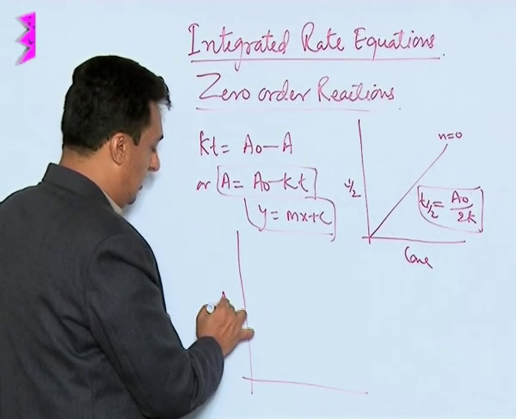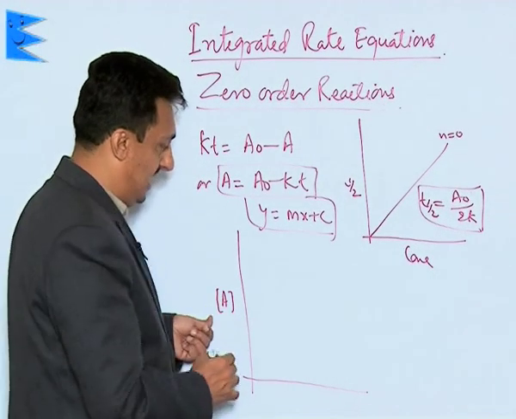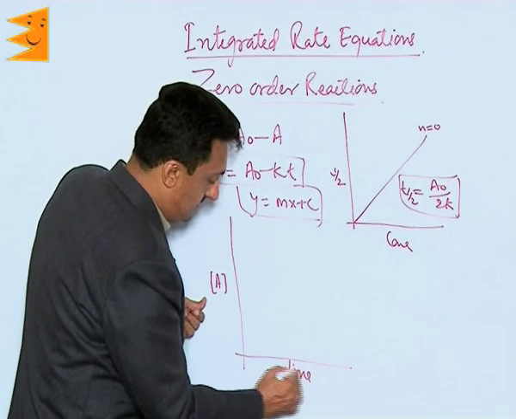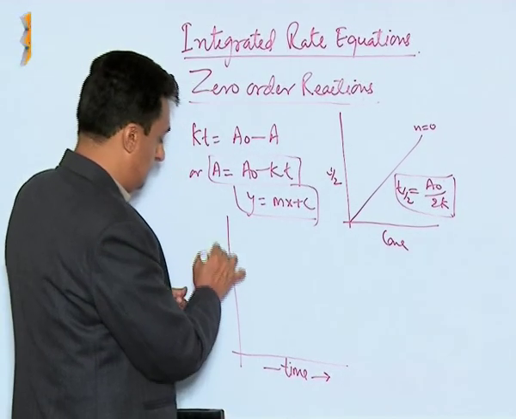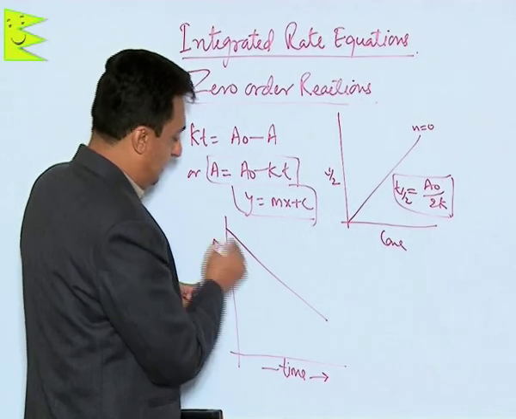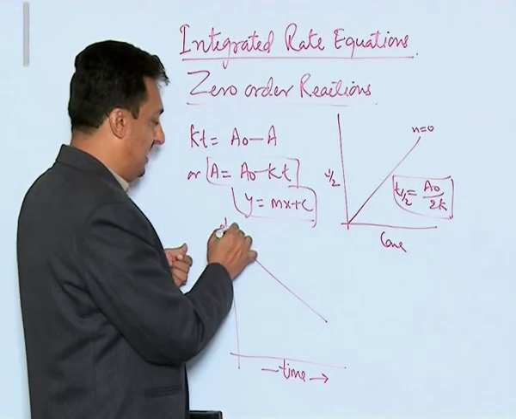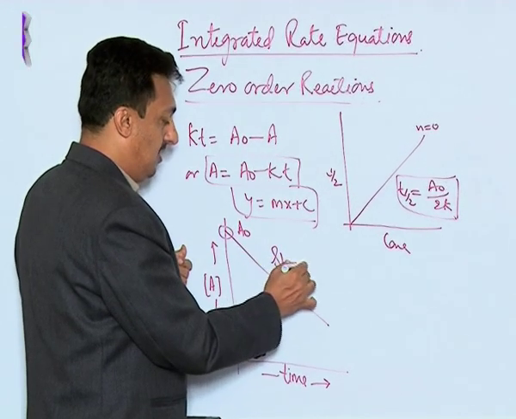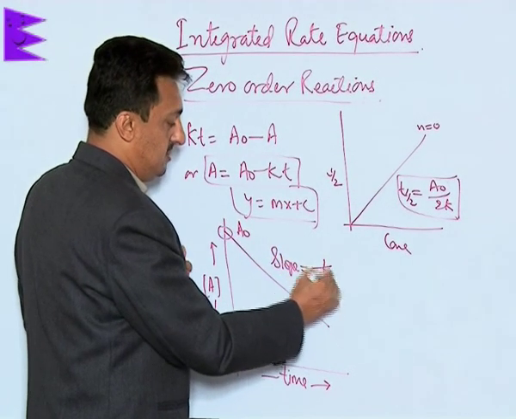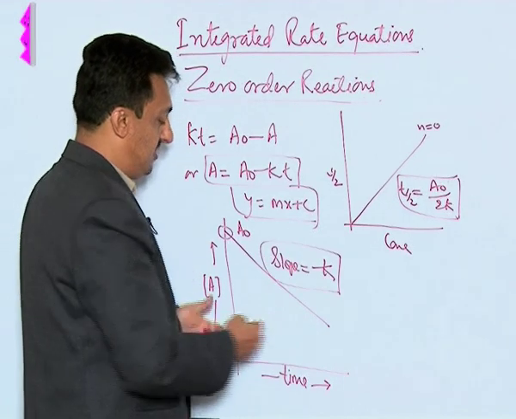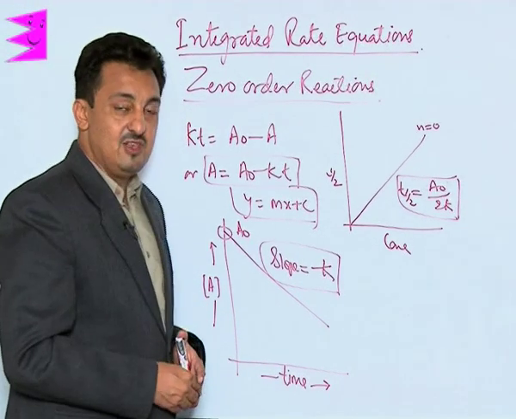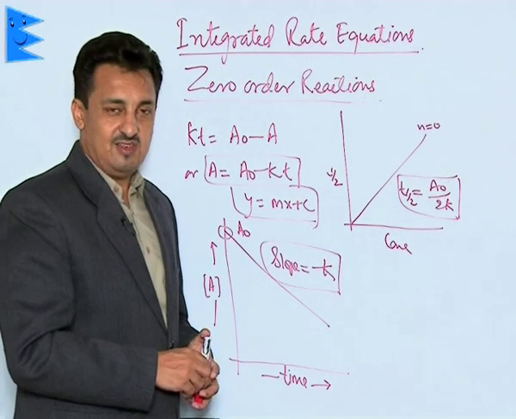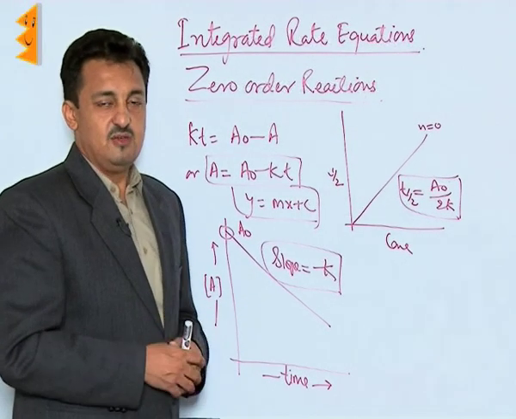Here y is your concentration of the reactant A, x is the time. We get a straight line which intercepts y-axis at A naught, and the slope tan theta is equal to minus k. So these are the basic graphs of the zero order reaction, and we know now the formulas of the half-life as well as the rate equation, the integrated rate equation for the zero order reaction.